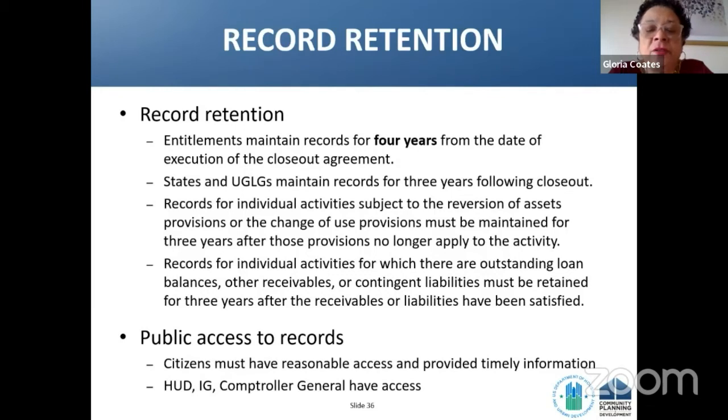But if you go to 24 CFR 570.502, it'll tell you it has to be 4 years rather than 3 years from the date of execution of either the closeout agreement or, for example, an agreement between a grantee and a subrecipient, or a grantee and a CBDO, or whatever the entity, or even what we call local public agencies designated by grantees to carry out eligible activities such as housing authorities.